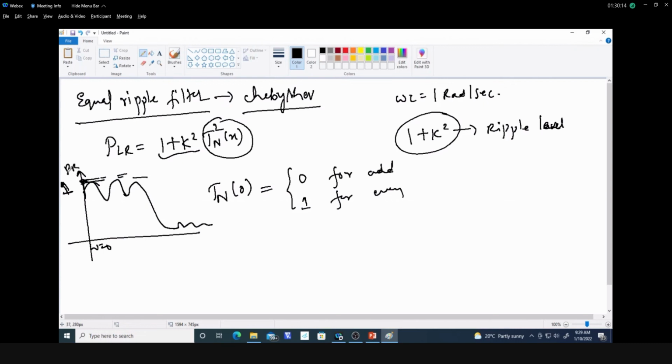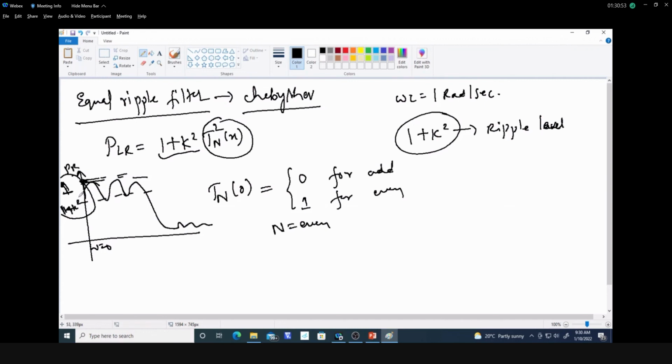The power loss ratio should start from 1 or 0 dB for n equal to odd, and for n equal to even, it will start from 1 plus k square at omega equal to 0. That is very important in the Chebyshev response or equal ripple filter. For n odd, the power loss ratio starts at 1, which is 0 dB, and for n even, it starts from 1 plus k square.